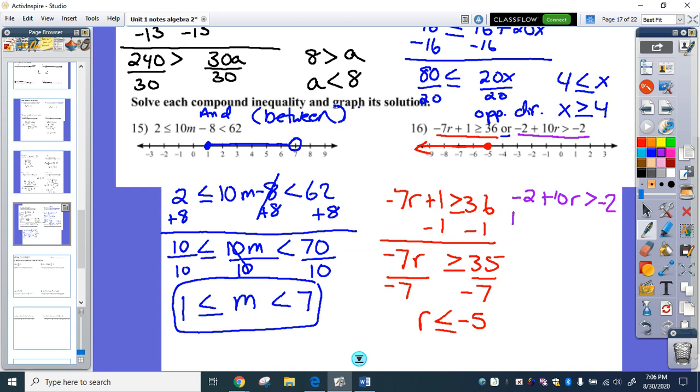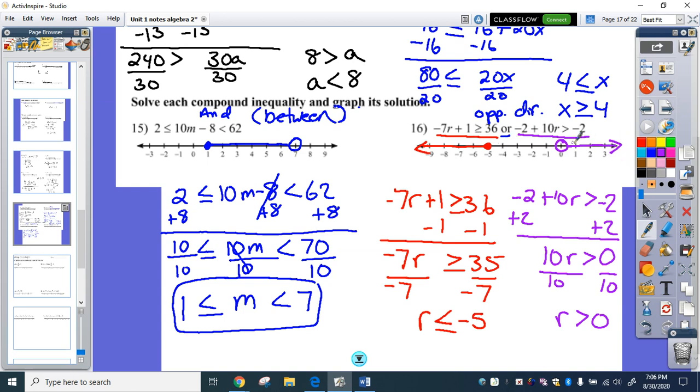Let's add 2 to both sides. We're still trying to solve for r. So we have 10r is greater than negative 2 plus 2, which is 0. Divide both sides by 10 if you want to do that step. That leaves us with r is greater than 0. So on our graph, we have an open circle at 0 and we shade greater than.